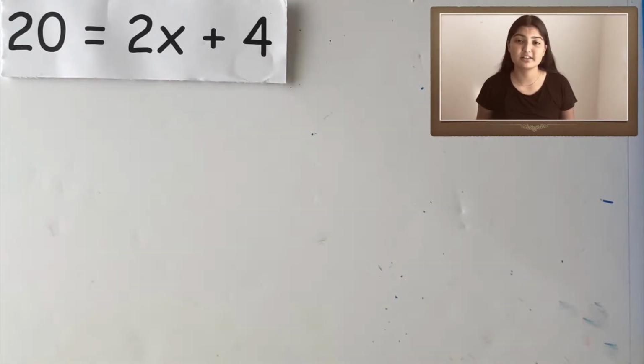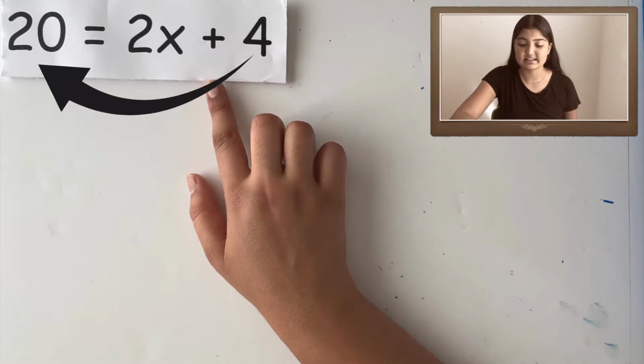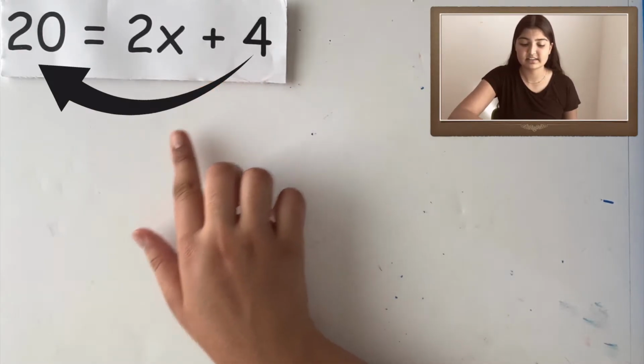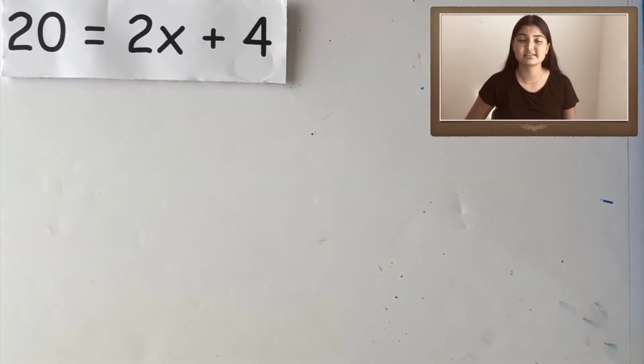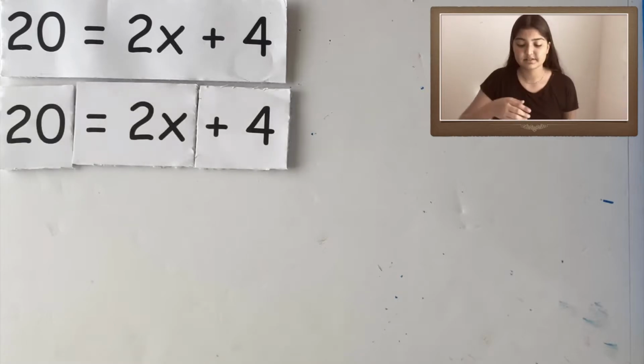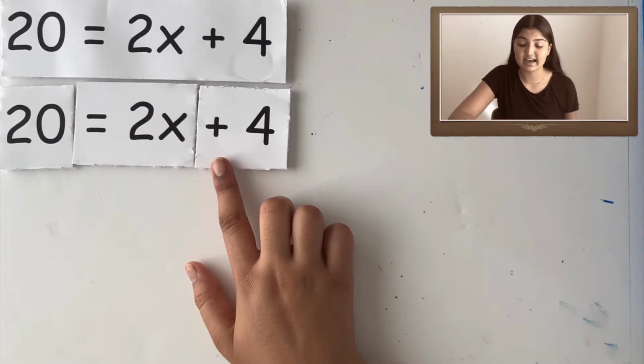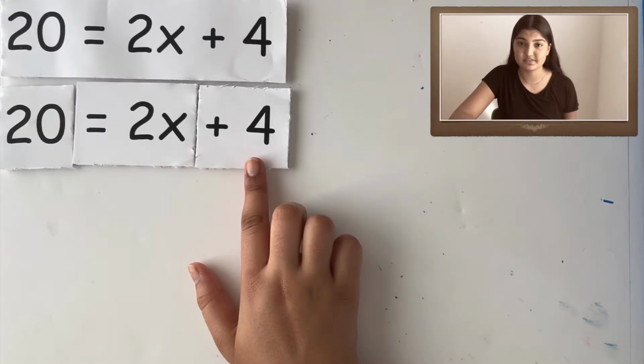So let's start by taking this constant term to the other side. But first, let's write this equation again. On this side, the term is positive 4.